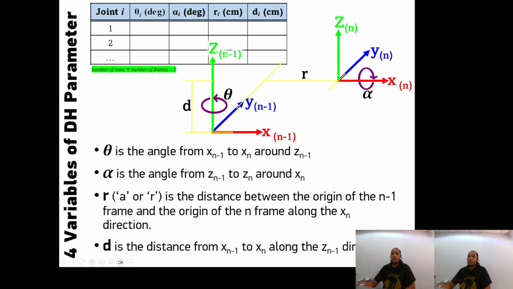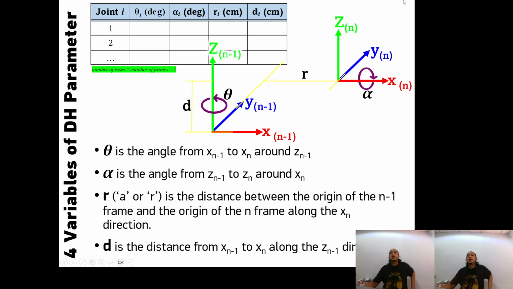So the theta is the angle from x n minus 1 to x n around the z-axis, around this axis. What we call theta is this one. In this case, because x n minus 1 and x n are in the same direction, the theta is 0.